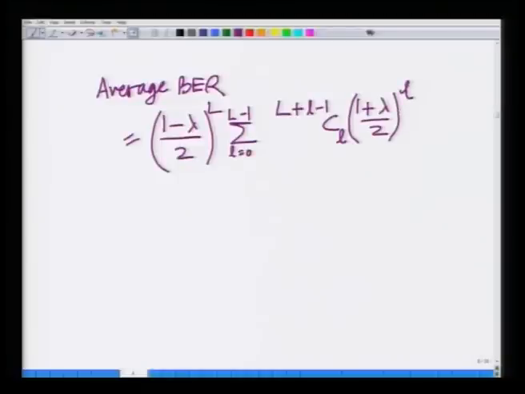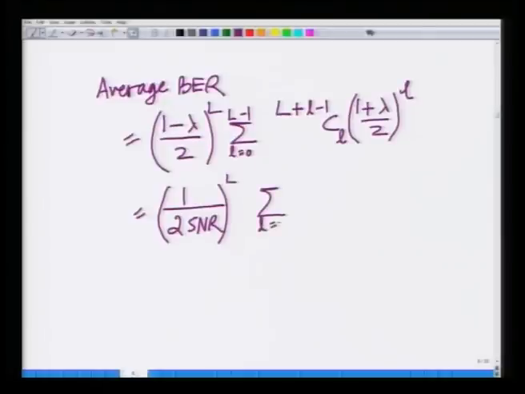Now, 1 plus lambda over 2 is 1, and 1 minus lambda over 2 is nothing but 1 over 2 SNR. So, I can write this as 1 over 2 SNR to the power L into sigma L equals 0 to L minus 1, L plus L minus 1 choose L, into 1 plus lambda over 2, which is nothing but 1 at high SNR, and 1 to the power of L is 1.